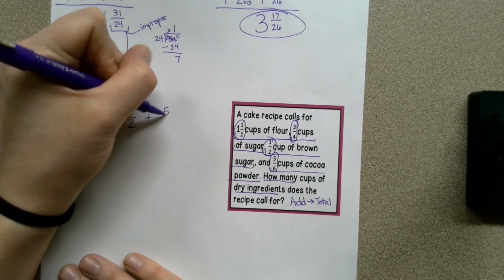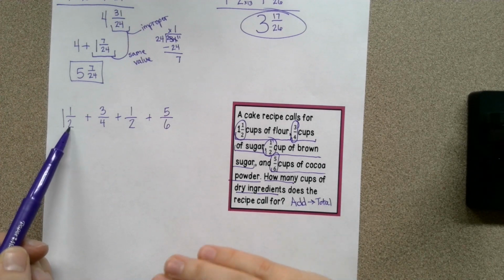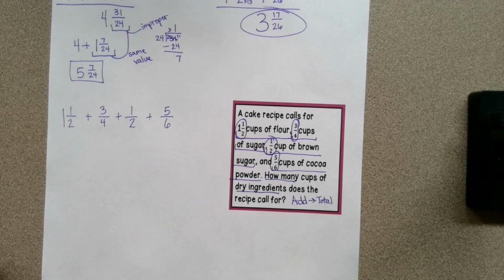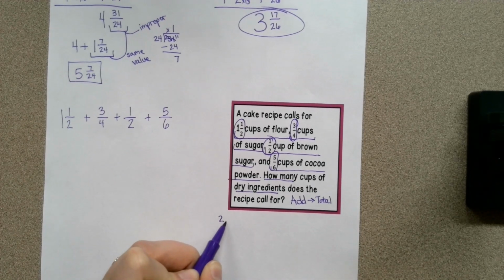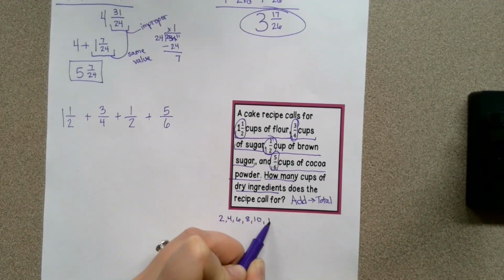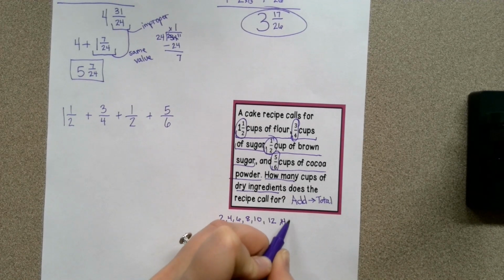plus 5/6. So we have a 2 for our denominator, a 4, and a 6. We want to find a common denominator between all of them. So let's count by all of those numbers. 2, 4, 6, 8, 10, 12. We could even keep going if we wanted to.